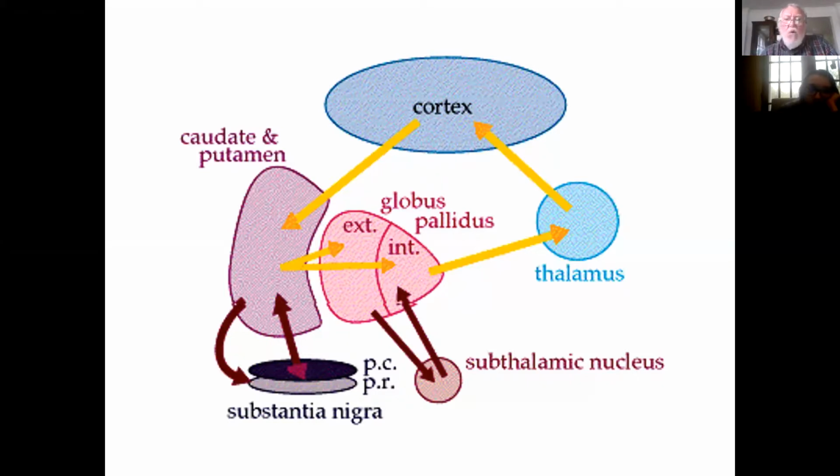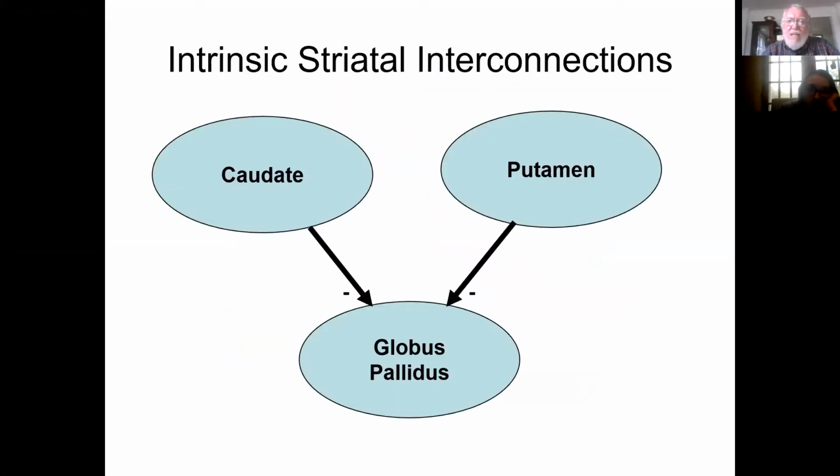Okay, so there is this circuit, and again, depending on how you're looking at things, you're seeing the importance of these things. So very, very simply, the basal ganglia and the three components of it have a very simple interconnection with one another.